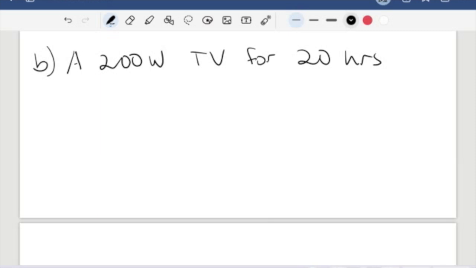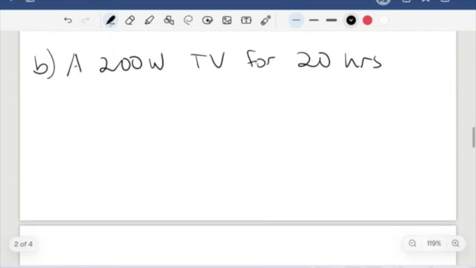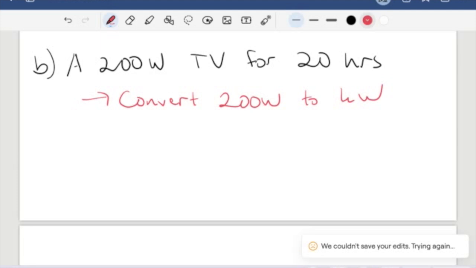Now, remembering here, this thing up here is in kilowatt hours. We have something in watts. So the very first thing we do before anything is convert our 200 watts to kilowatts. We remember from up the top that 1 kilowatt is equal to 1,000 watts.